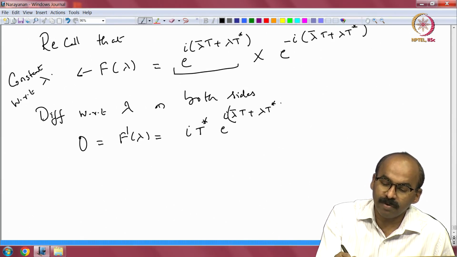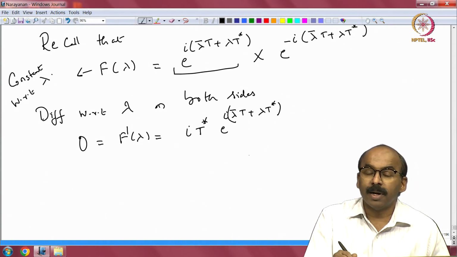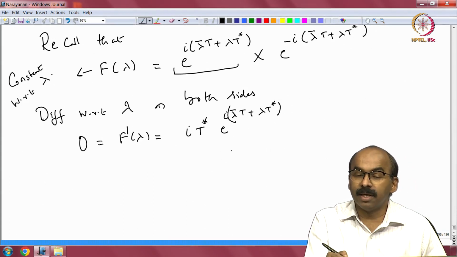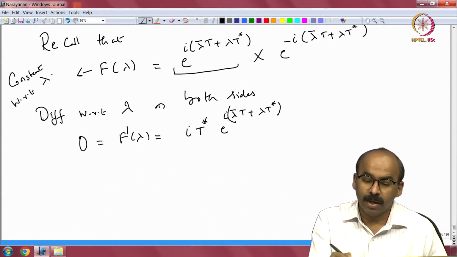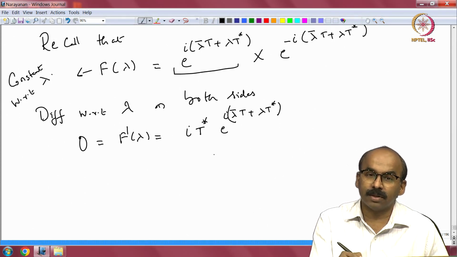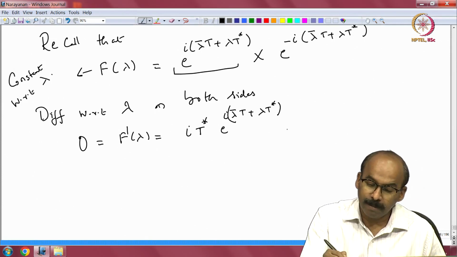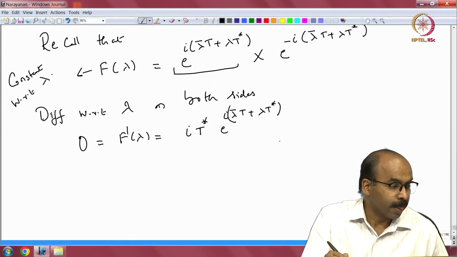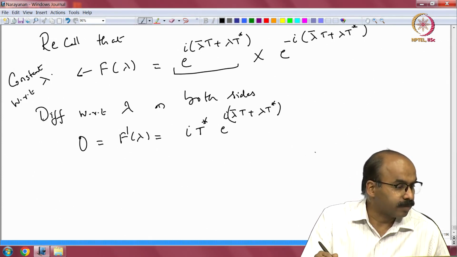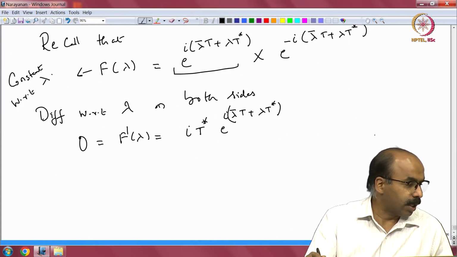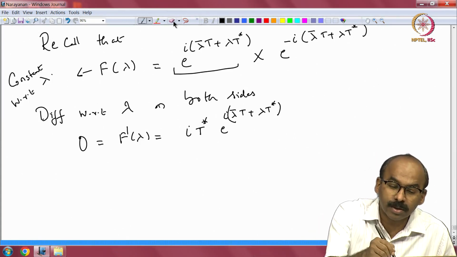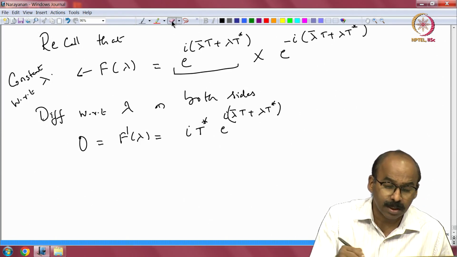I am not very careful in writing the order properly because everything commutes here, t and t star commute. So, whether I put the t star on the right hand side or the left hand side of the exponential does not really matter. Okay, sorry, I should be using the other expression.